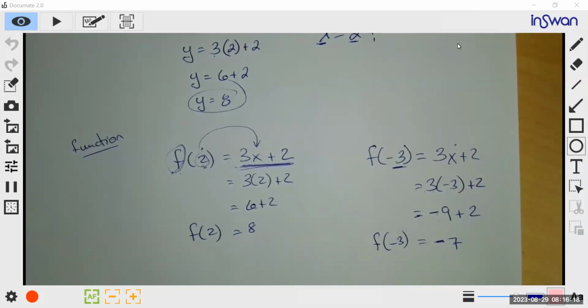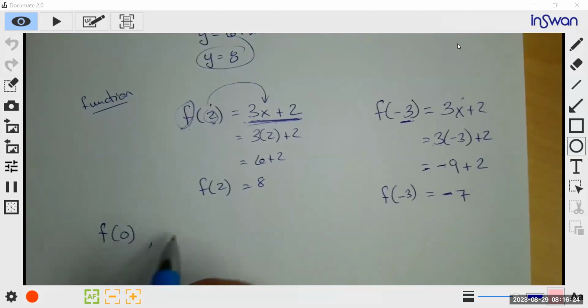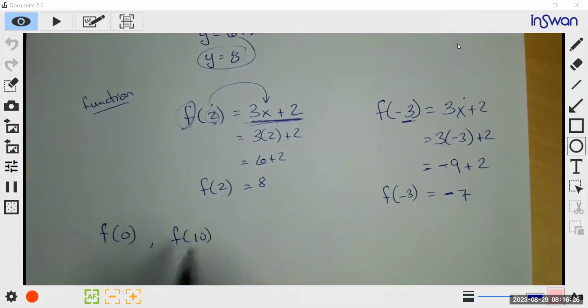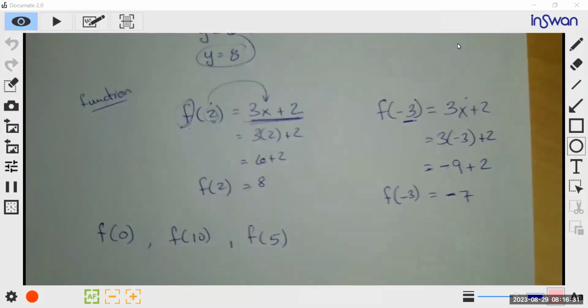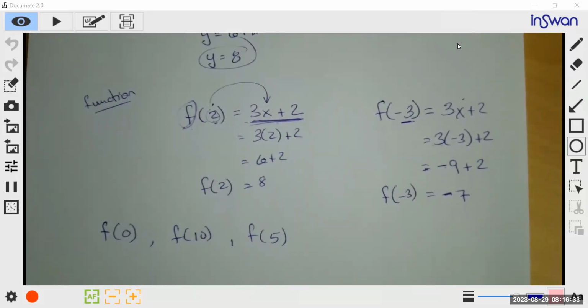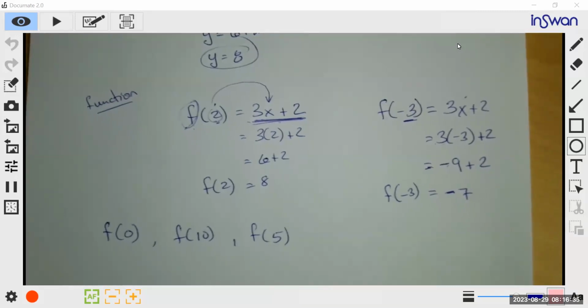It makes it much easier. And we can put a whole bunch of equations out there. I can ask you for all of these now. I don't have to write the equation over and over. I put x equals this, I just put this there and I'm done. So it's a much easier way of writing it.